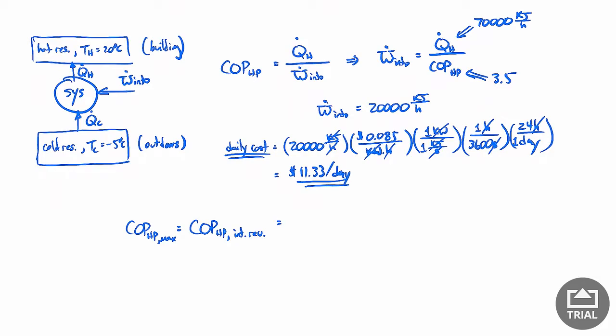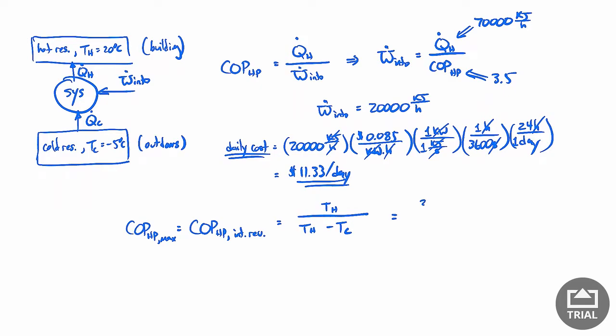And if you recall from a previous set of notes, the internally reversible performance measure for a heat pump cycle depends on the absolute temperatures of the hot and cold reservoirs. If you go back to our previous notes, you'll find that it comes out to be the absolute temperature of the hot reservoir divided by the difference between the temperature of the hot reservoir and the cold reservoir. So we can substitute in the absolute temperatures for these.